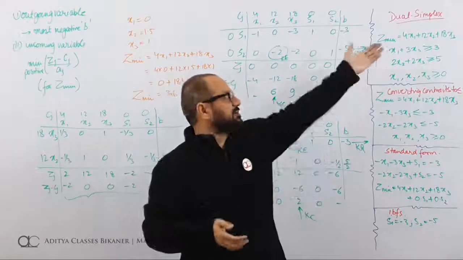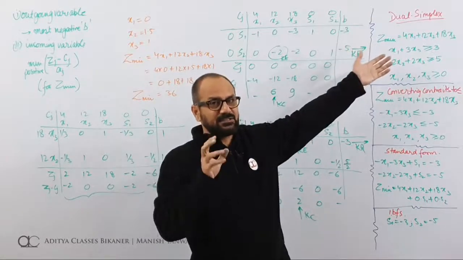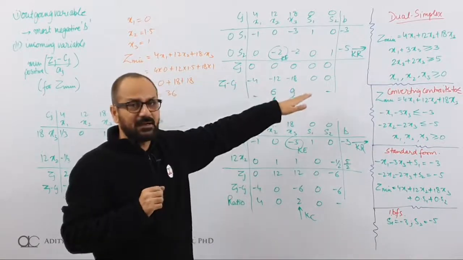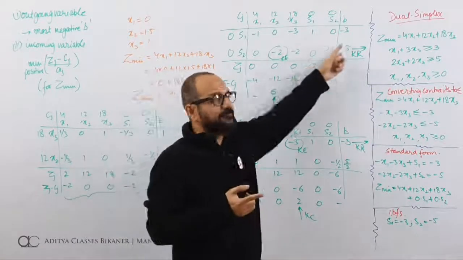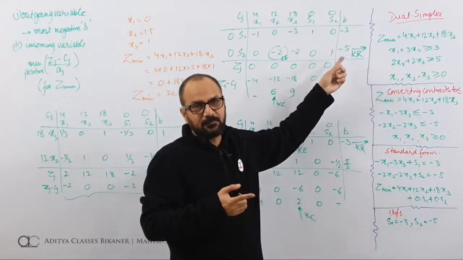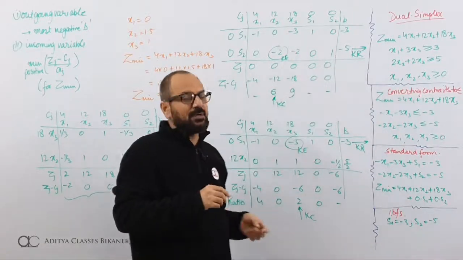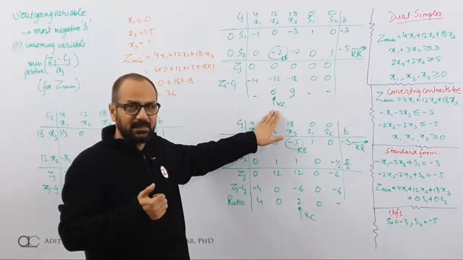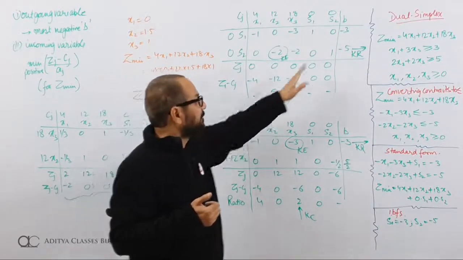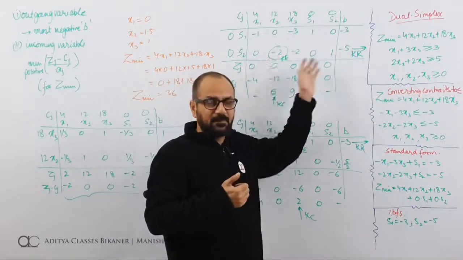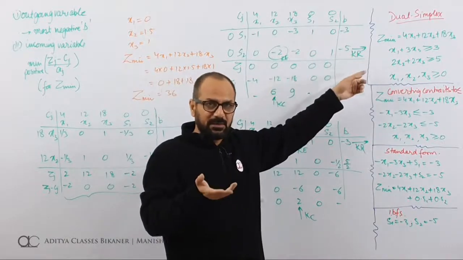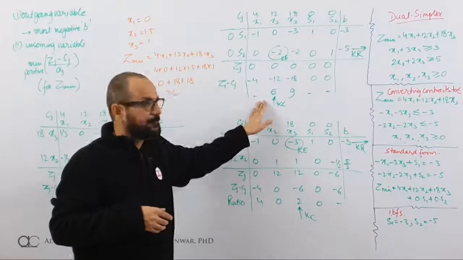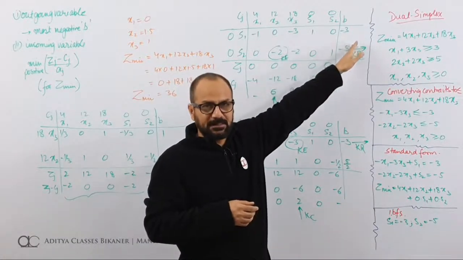This is dual simplex. It steps in when we are getting an optimum solution, everything is 0 or negative, but a non-feasible solution. The difference between the two algorithms is that in simplex, we used to get our incoming variable, and then after dividing B by the incoming column, we used to get our outgoing variable. There we used to pick the most positive from here and least positive from theta.